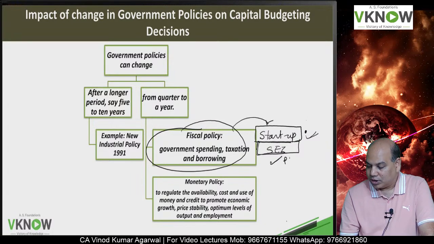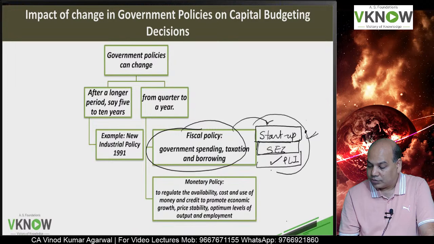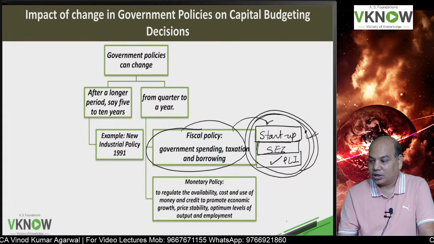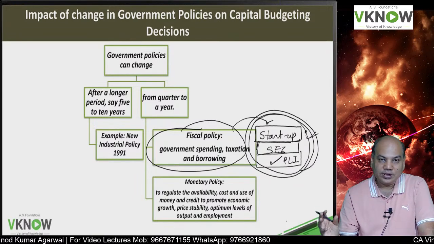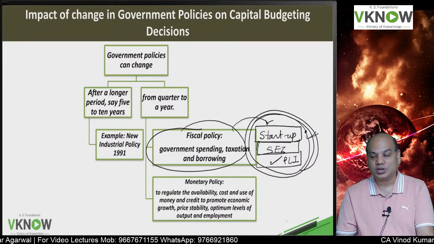I think that is called the PLI scheme, production linked incentive scheme. So all these are policies of the government which are bringing more investment into a sector, but at the same time by changing the direct tax and indirect tax rate, they can affect the business.